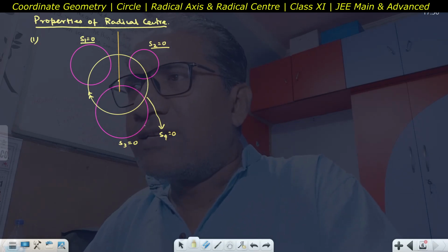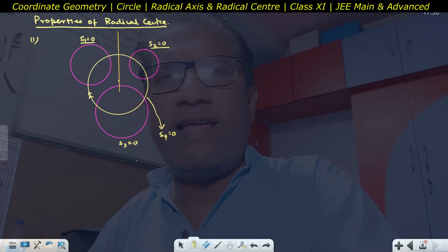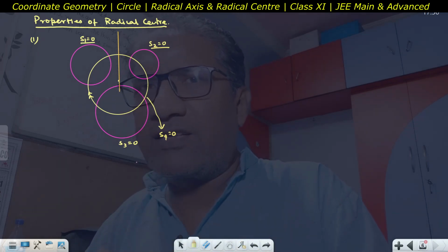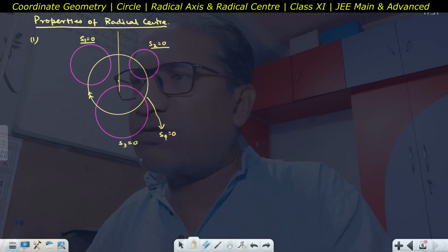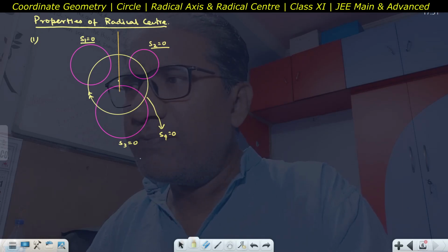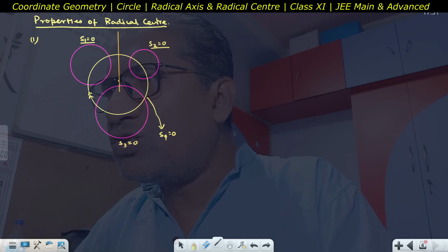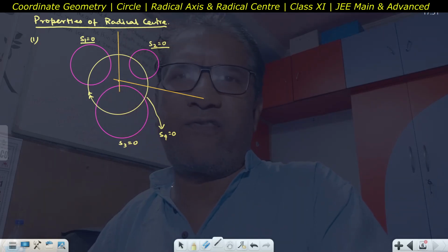It means the radical axis for S2 equals 0 and S3 equals 0 will definitely pass through the center of this fourth circle, which is S4 equals 0. That is, the radical axis for S2 and S3 is this, which is passing through the center of S4 equals 0.